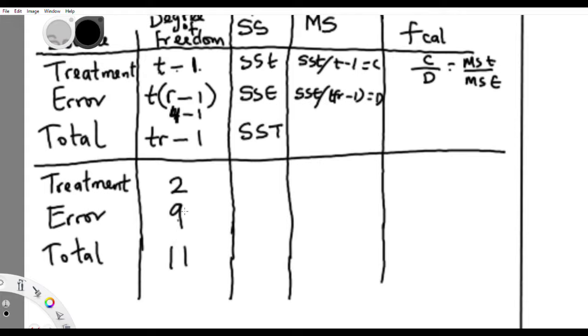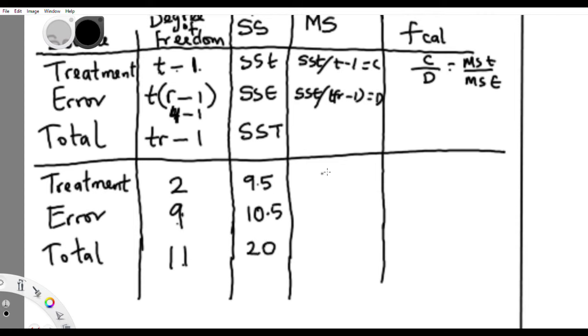And if you notice, 2 plus 9 gives 11, 11 minus 9 gives 2, and like that you should be able to do the calculations. And for the sum of square treatment that we got the other time, we got 9.5, error, remember, this one is 10.5, then this is 20.